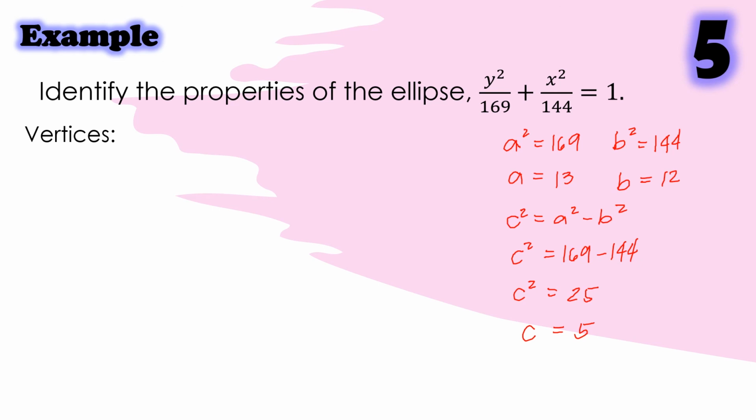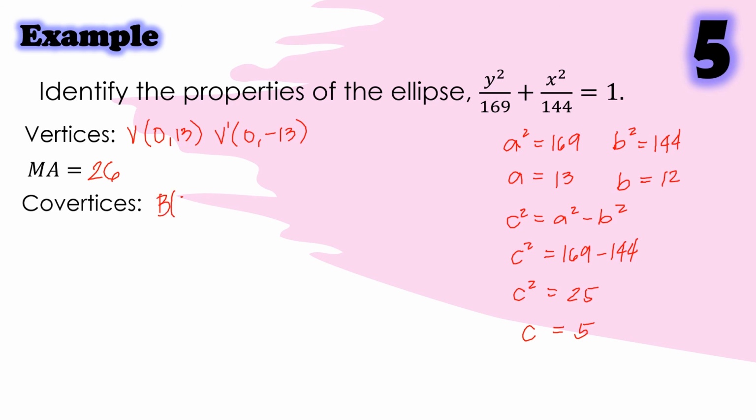Then we have an ellipse whose major axis is along the y-axis. Hence, the vertices of the ellipse will be at V at 0, 13, and V prime at 0, negative 13. The length of the major axis is equal to 2 times 13, that is 26.